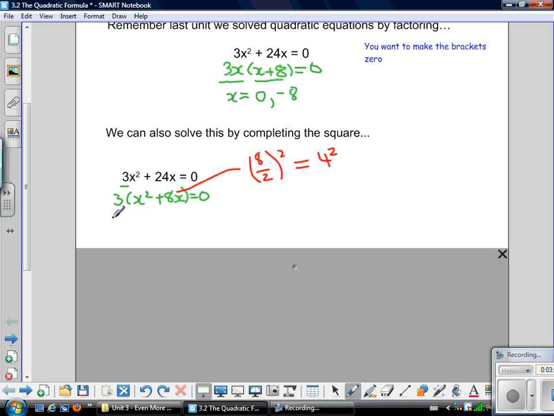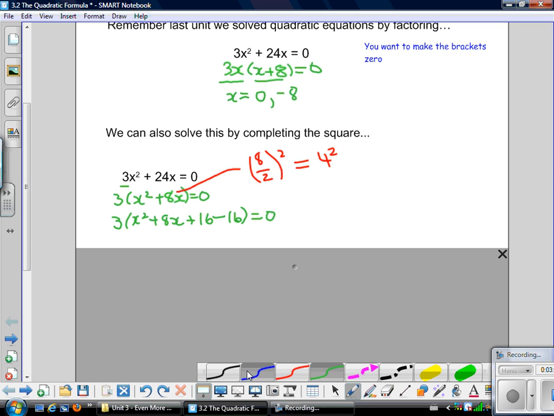So we have 3 bracket x squared plus 8x plus 16 minus 16 equals 0. We know that the first terms create the perfect square.